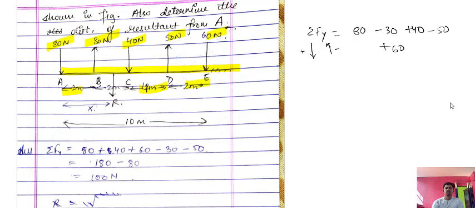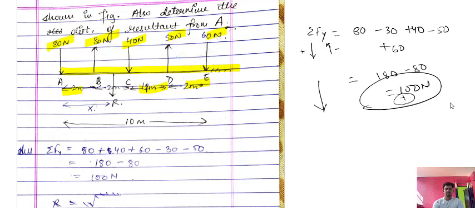This is the summation of all the forces. After solving this, 180 minus 80, we will get 100 Newton. This is the resultant force, and it is positive, which means the resultant force must be acting downwards.